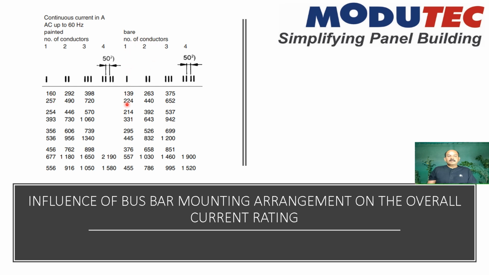If you go for a black matte finish on the surface, the emissivity will be more, so the current carrying also increases. That's why the increased values are shown here. Here it is reduced. The bare conductor emissivity will be low, so the current carrying will also reduce. So this is one type of advantage we will get.